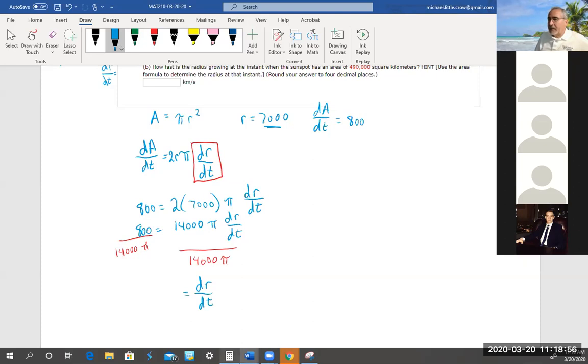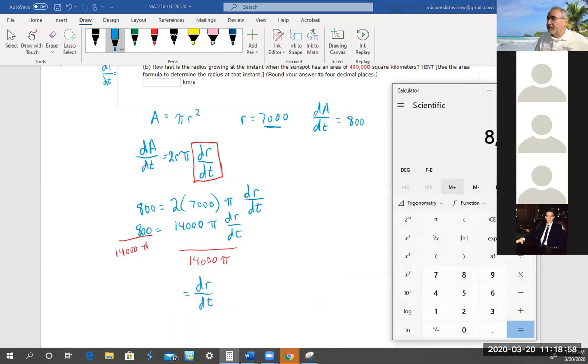is 800 divided by, I'll put a parentheses, 14,000 pi.